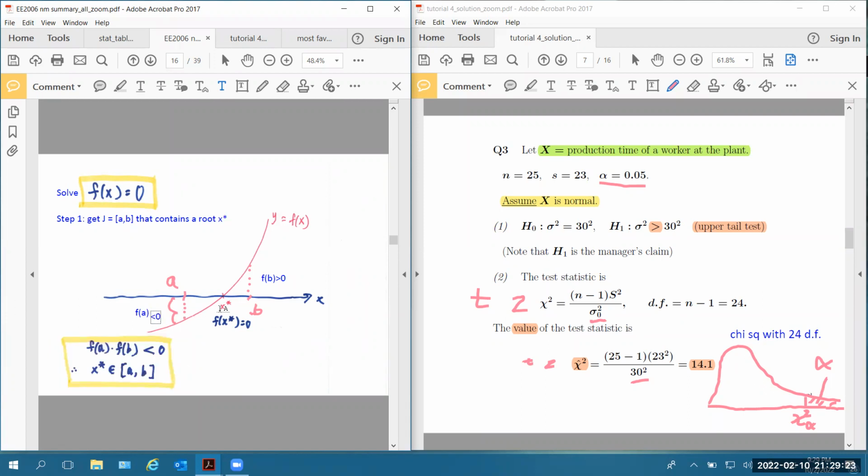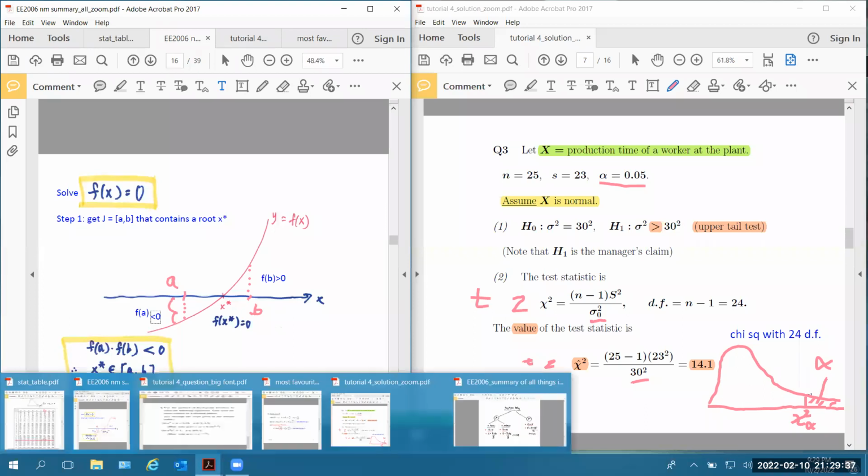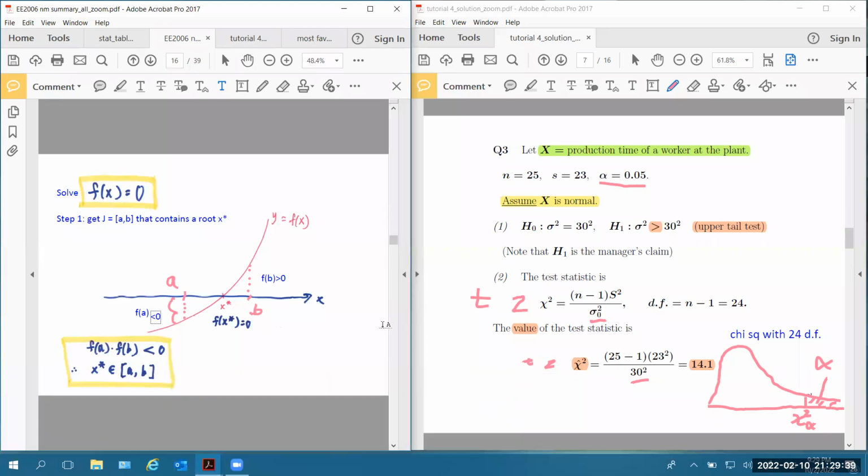You see f(A) negative, f(B) positive, right? When you multiply together, one negative, one positive, the product is negative. So therefore, your x* is in AB. Is it okay? So that actually tells us how to get this interval AB.